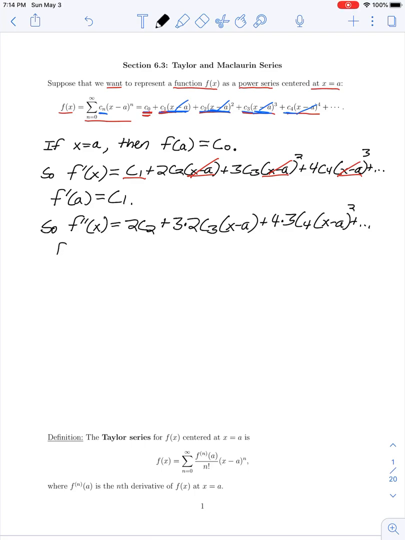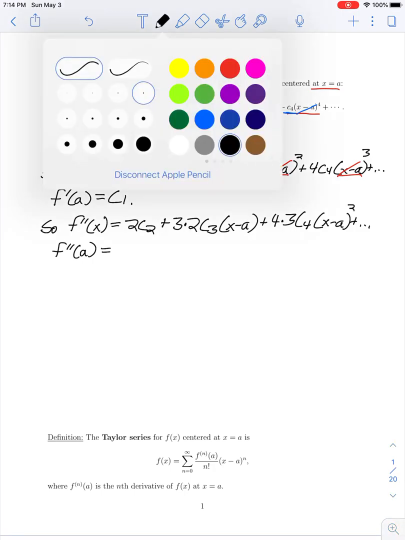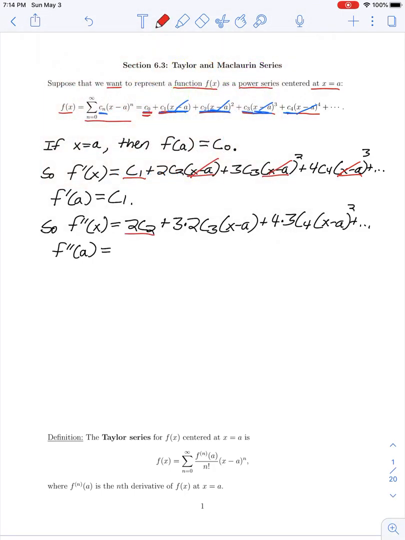So again, if we evaluate this second derivative at x equals a, well, we have the initial term, 2 times c2, which is a constant, and every subsequent term involves some power of x minus a. So when we evaluate this second derivative at x equals a, all of these later terms involving a factor of x minus a become 0, and we're left with 2c2, which implies that c2 is equal to the second derivative of our function at x equals a divided by 2.